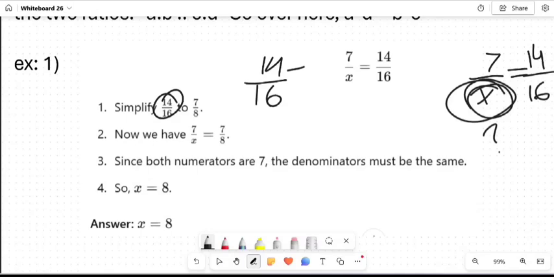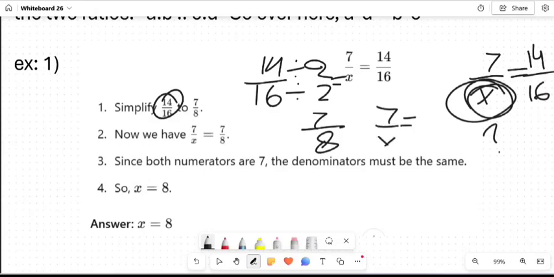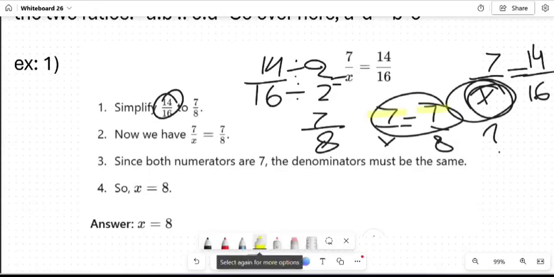We will divide 14 by 16 by 2. What will we get? 7 by 8. Now we have 7 by x equals 7 by 8. What will we do now? Since both the numerators over here are the same, the denominators must also be the same.